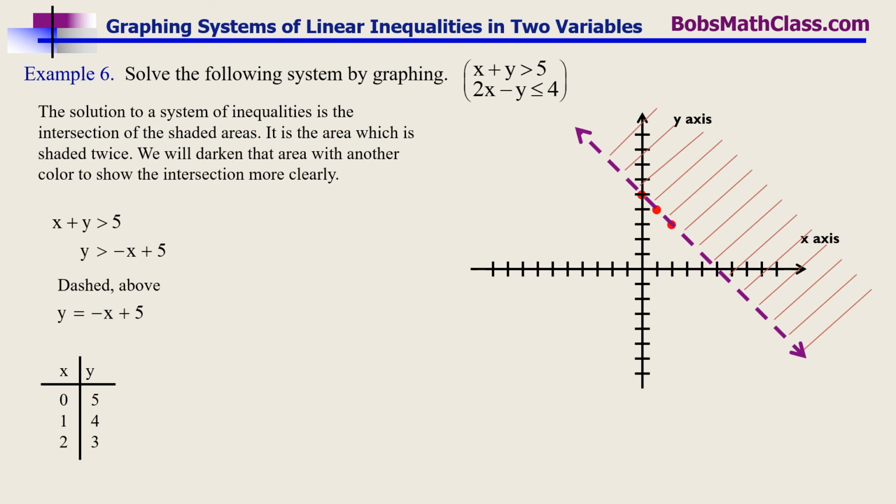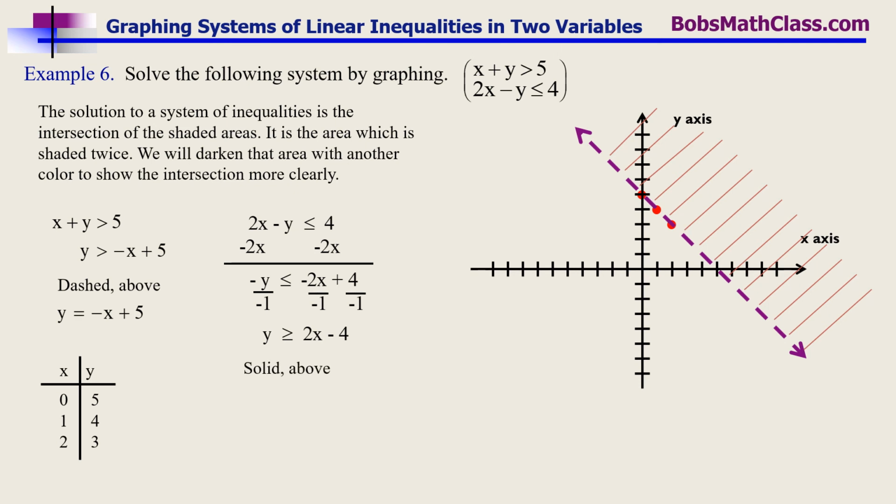2x - y ≤ 4. Subtract the 2x on both sides. And then we still got that negative 1 in front of the y, so divide each of them by negative 1. Oh, and don't forget, when you divide by a negative, you have to flip it. Okay, now we can change it to an equals to pick points.